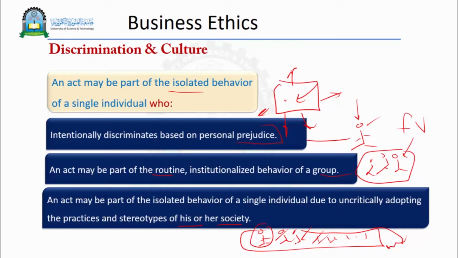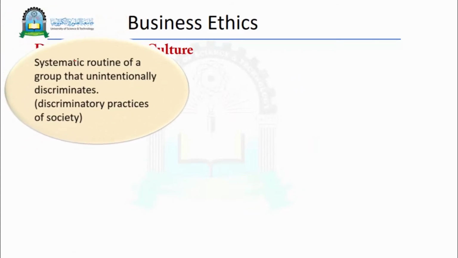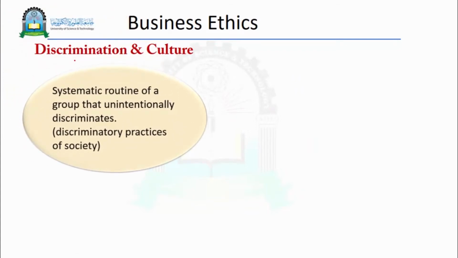And this is the worst scenario that can happen and may affect the relationship between managers and employees. So in that sense, discrimination and culture can be a systematic routine of a group that unintentionally discriminates, which is a big problem as a reflection of what happens in the society, which can also be mirrored in companies.